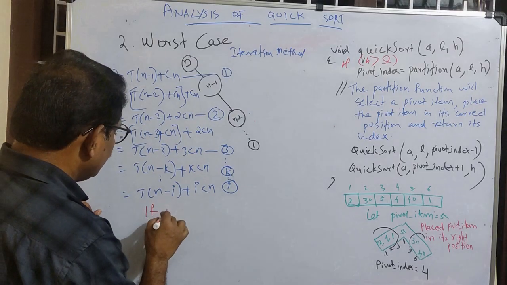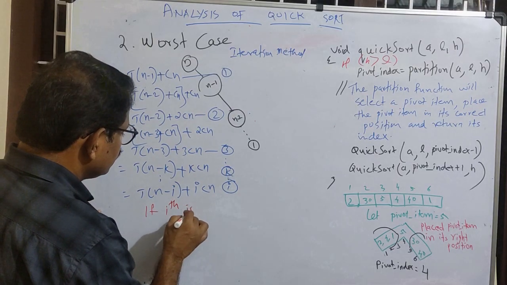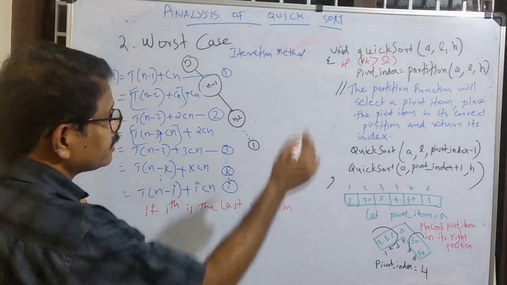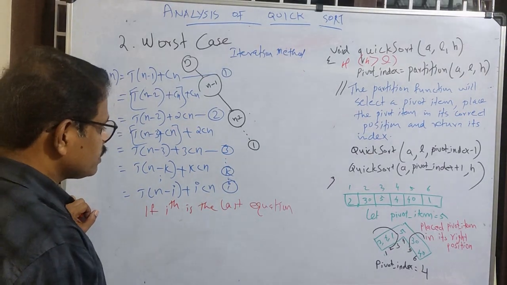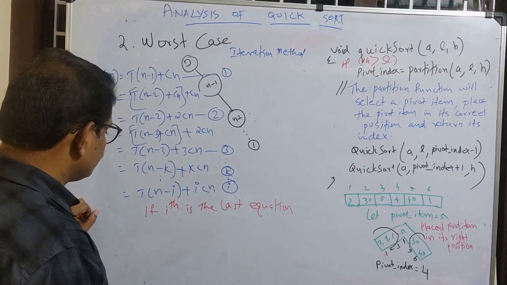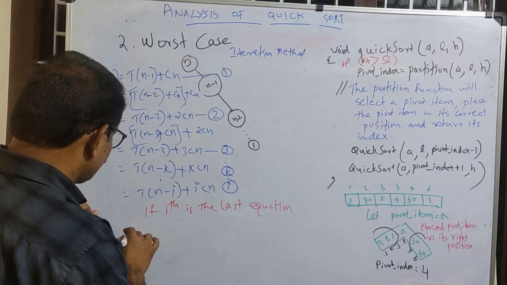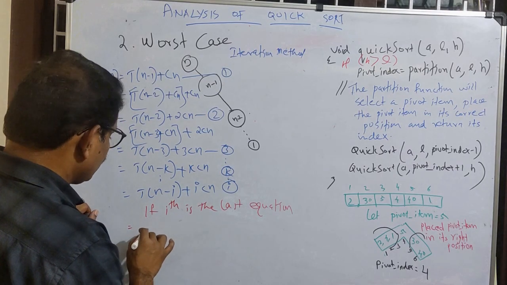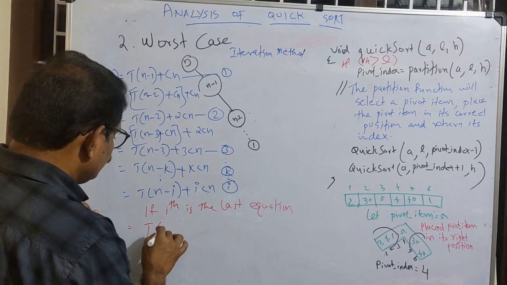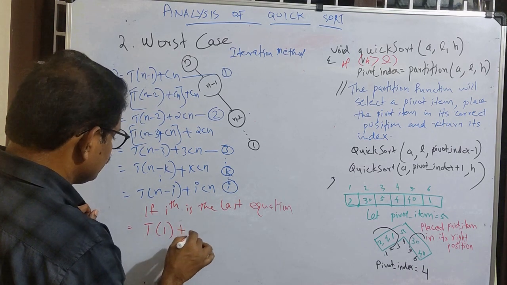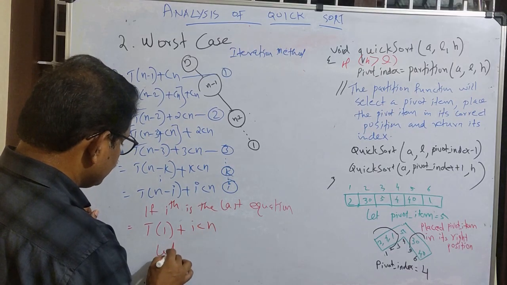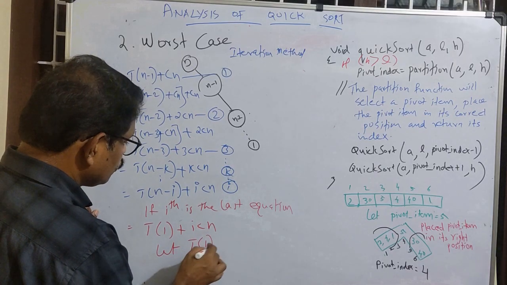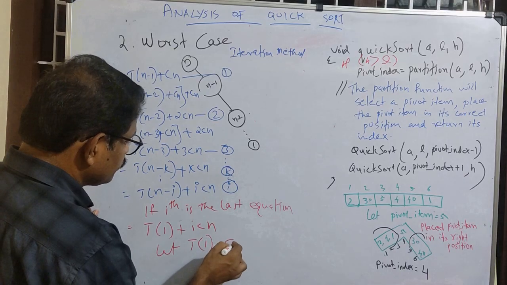If the ith is the last equation, only one element, the problem size is only 1. At that time, this will be T of 1 plus iCn. Let T of 1, the cost of processing one element, be equal to some constant C10.